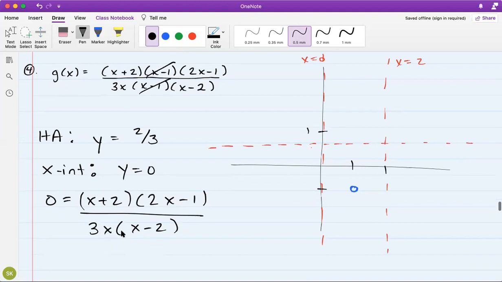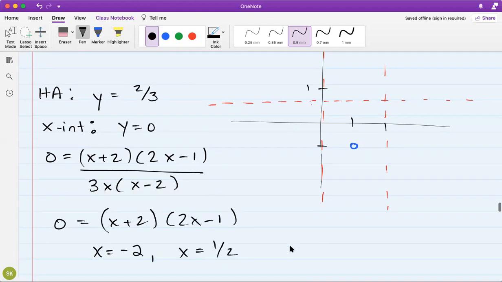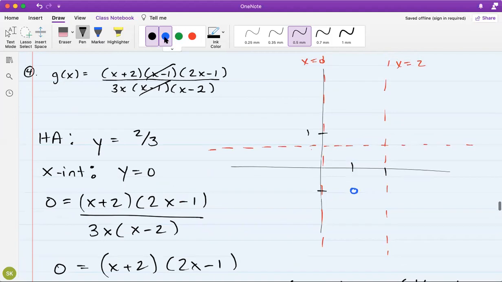Then multiply by the denominator. So you're going to be left with 0 is equal to (x + 2)(2x - 1). So you'll get x is equal to -2 and x is equal to 1/2. So you're going to have two x-intercepts, one at (-2, 0), and the other one at (1/2, 0). So let's plot those 2 points.